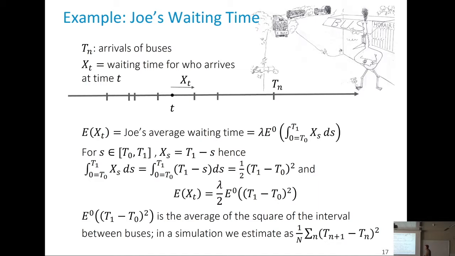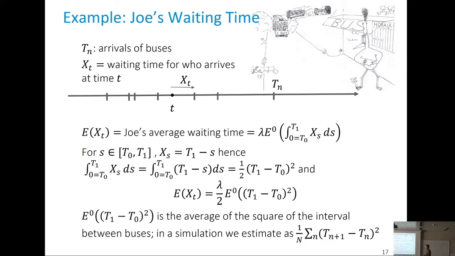I integrate with respect to s. Capital T1 here is constant. It will not be constant when I take the expectation, but now I'm just computing the integral here. So this is a linear term. The primitive of this is quadratic.